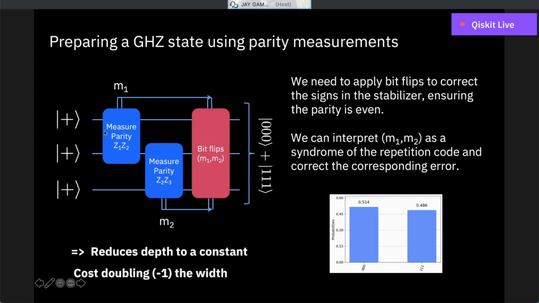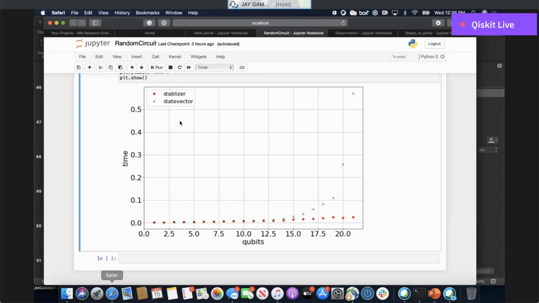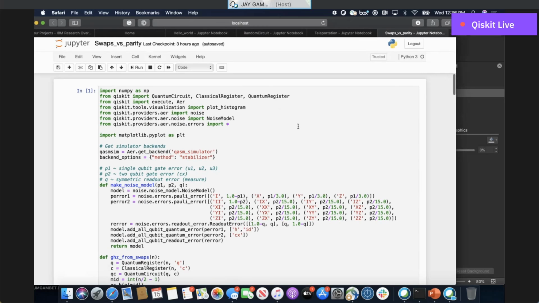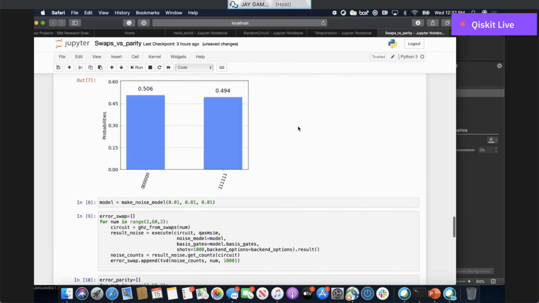And while I'm now trading for the ability to do these parity measurements, and I haven't gone into the detail of how to do them, usually what we have to do is introduce an extra qubit that we can then entangle with these two neighbors, and that allows us to measure the parity Z1 Z2. So as an example, I can show this example. And this example is nice to run.